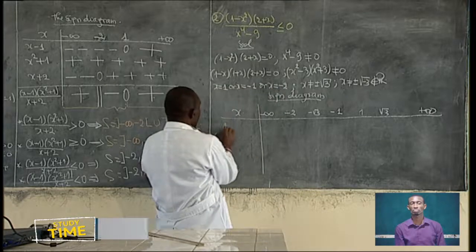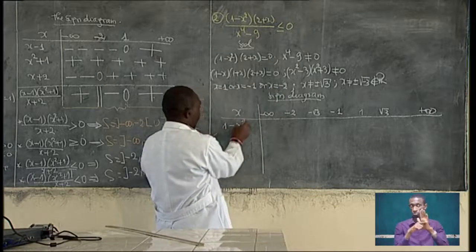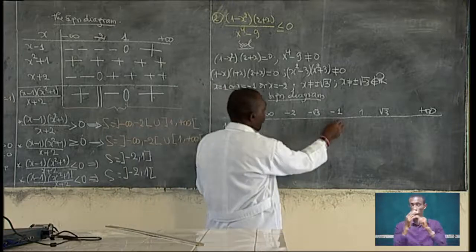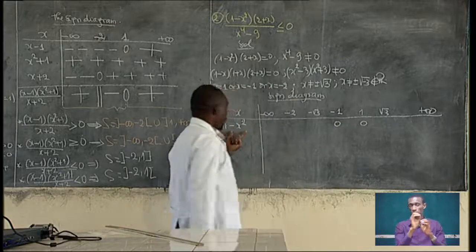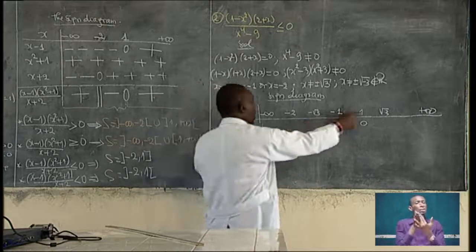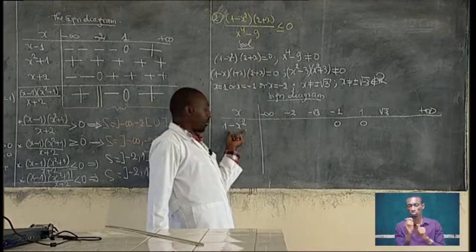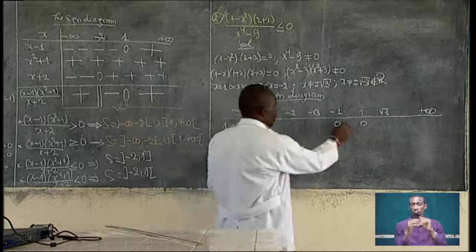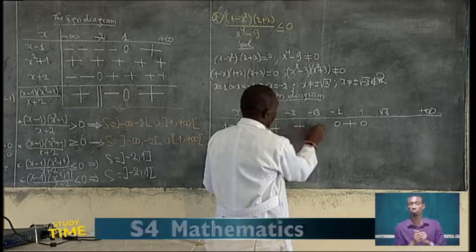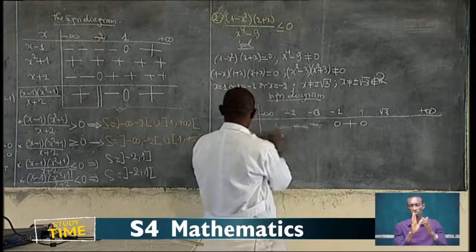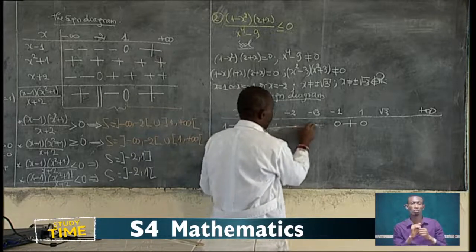So for 1 minus x squared, the roots are -1 and 1. Between -1 and 1, I put the opposite sign of A. A is negative, so here it will be positive; otherwise it will be negative.